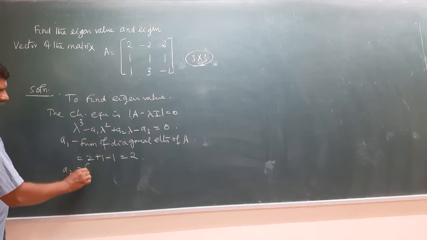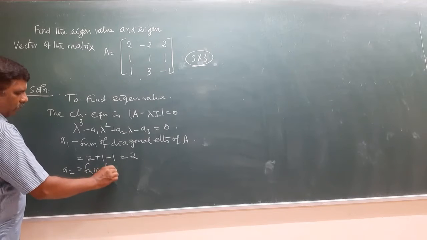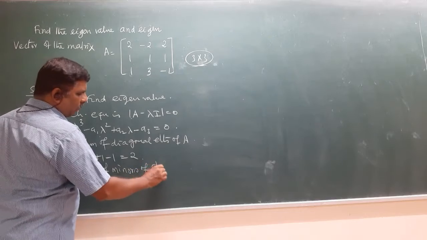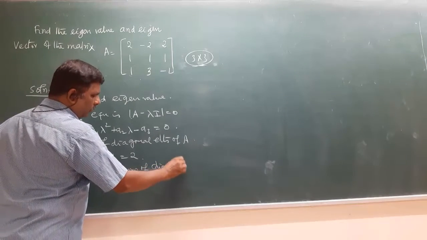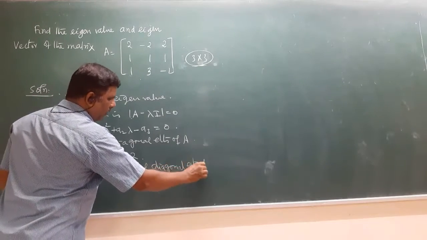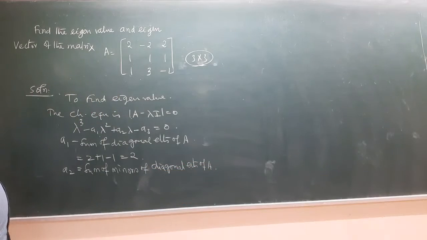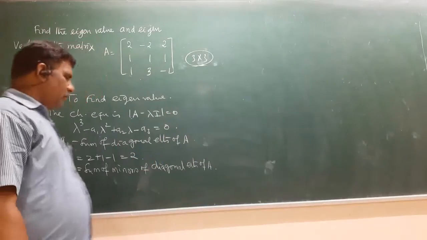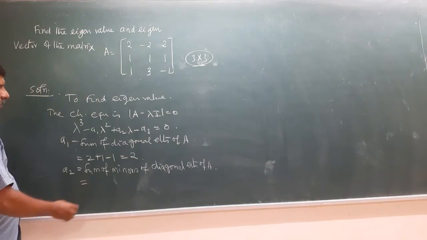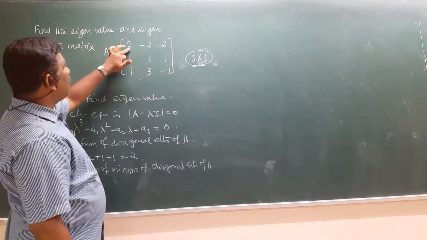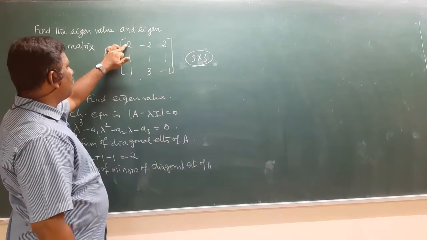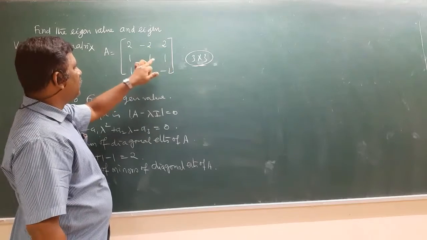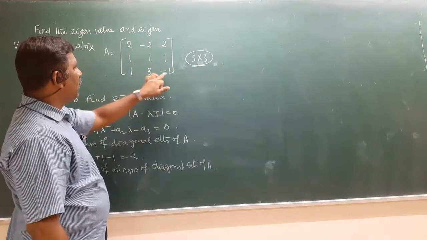A2 is the sum of minors of the diagonal elements of A. So how to write the minors for the diagonal elements? See, the first diagonal element is 2; leave the respective column and the respective row, and find the determinant of this one, that means [1, 1; 3, -1].